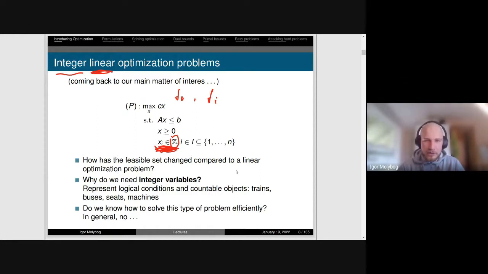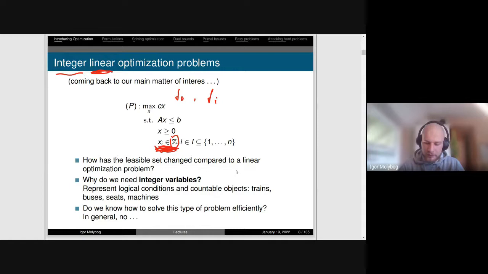Generally speaking, logical conditions, countable objects like the number of trains or buses or machines, or even modeling nonlinearity, can be modeled through integer variables.